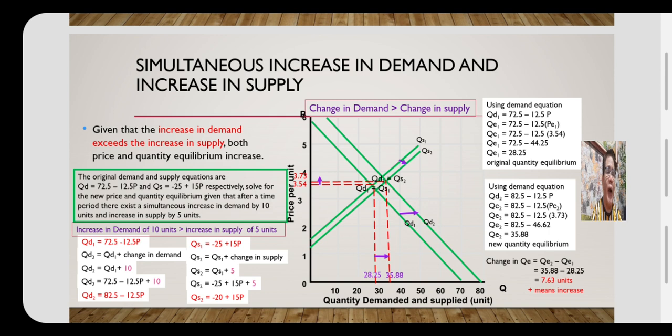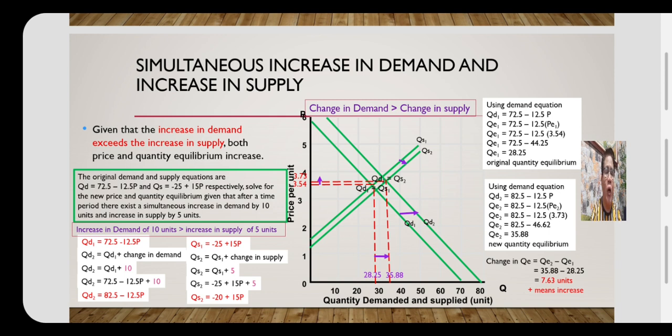And to simplify, it will give us a value of 35.88. So 35.88 serves now as the value of our new quantity equilibrium.